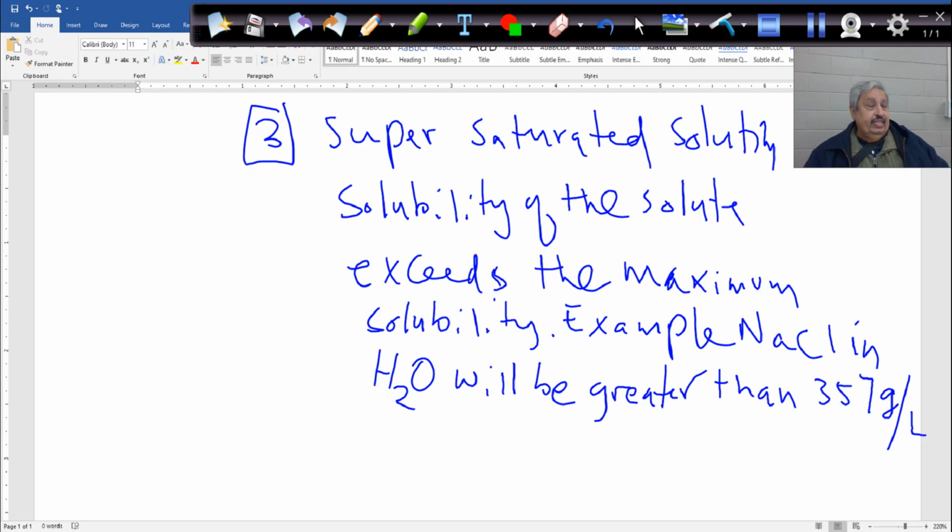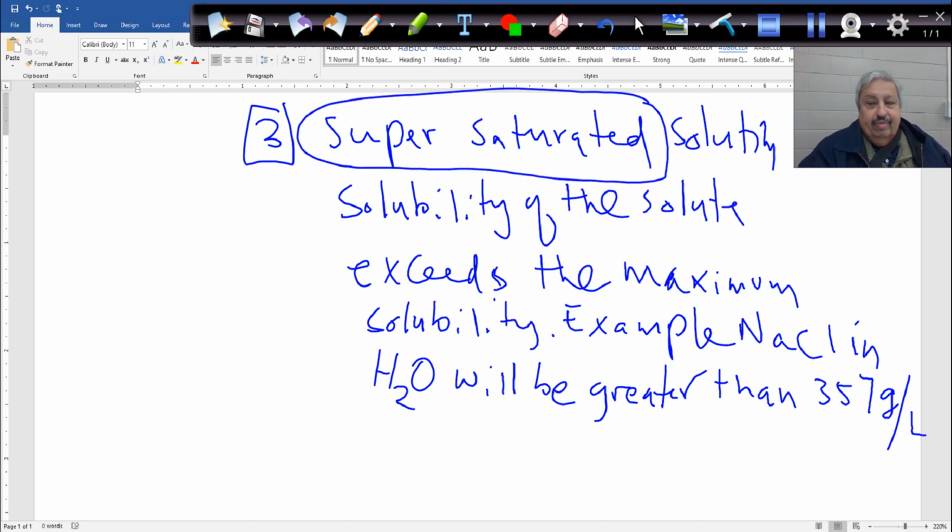So it exceeds. In this case, you get a supersaturated solution.